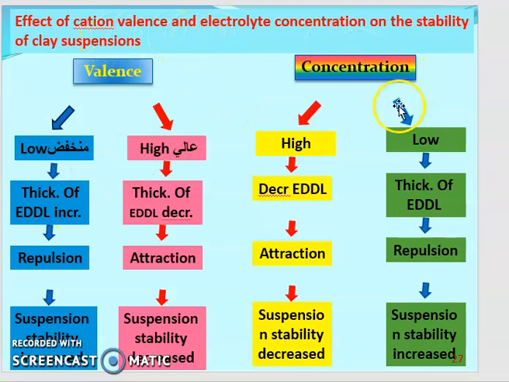So here, summarizing what we said: effect of cation valence and electrolyte concentration on stability of clay suspension. Valence: if you have high valence, then the thickness of the double layer decreases, attraction force will be conducted, and suspension stability will decrease, and vice versa.